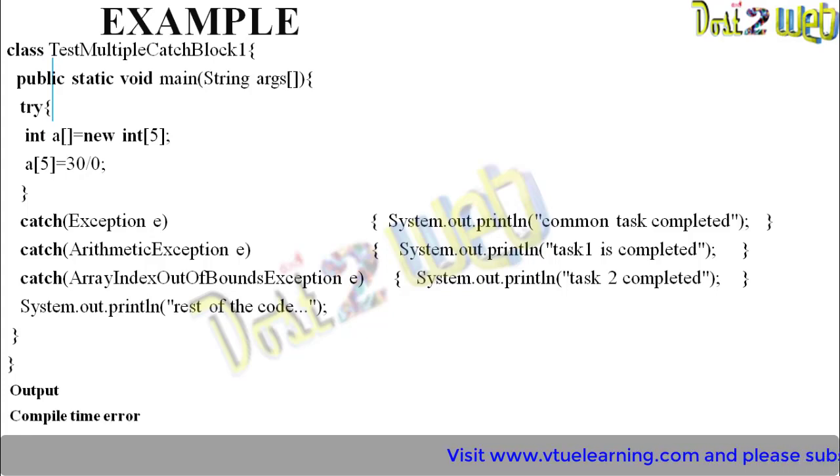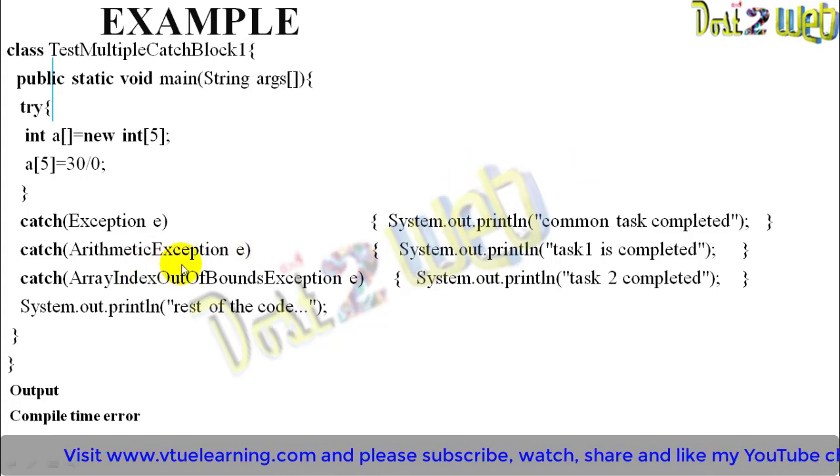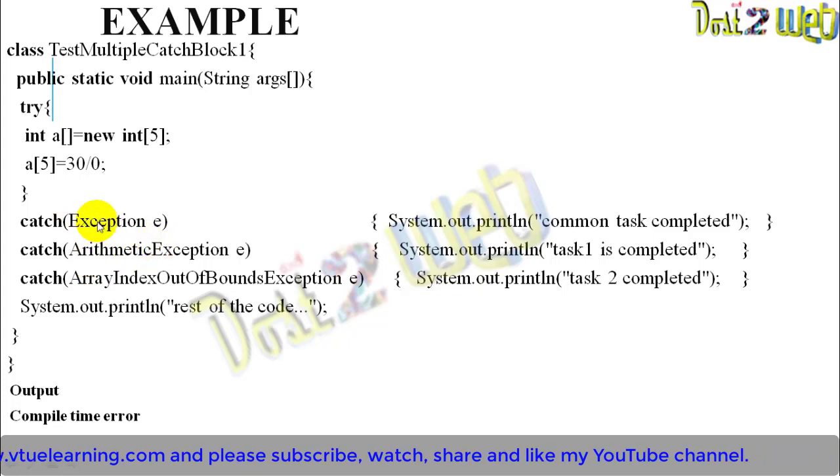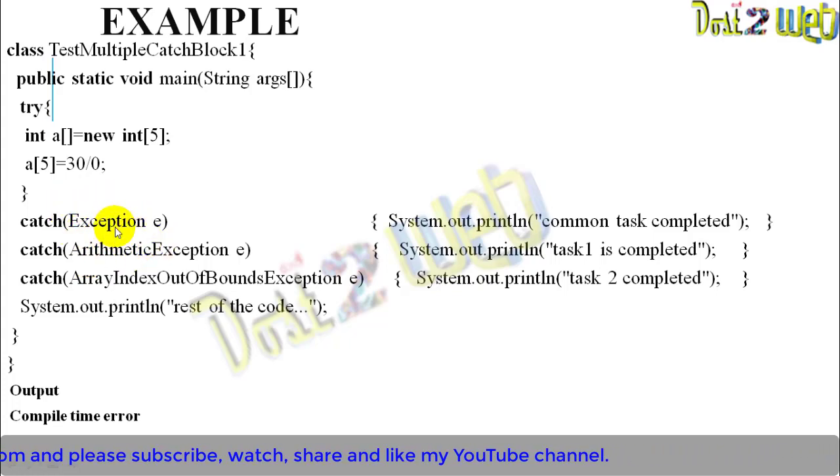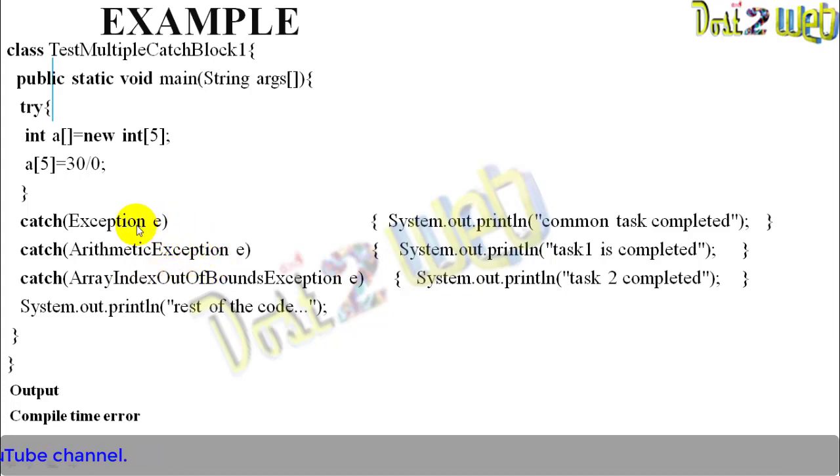Output is a compiler error. Why? Because the rule says that the general exception should come after the specific ones. This is the exception catch that came first; it should be after the arithmetic exception. It should not be before that. If you define it before that, you will get the error.